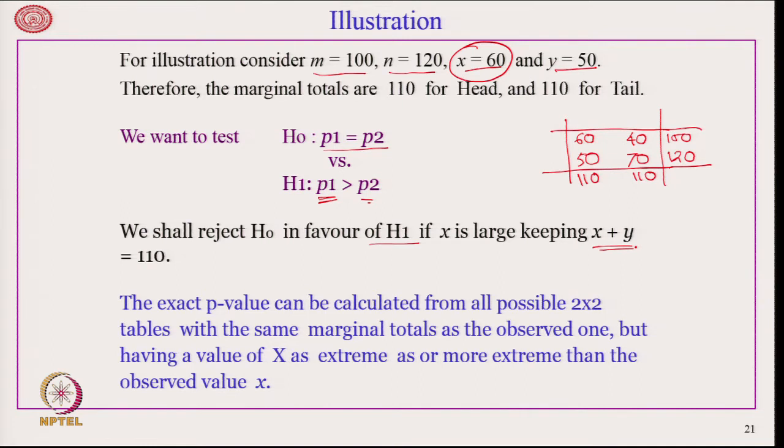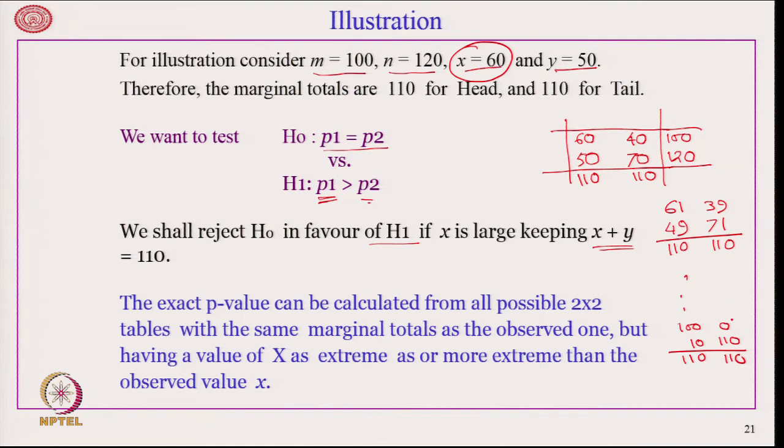For example, one possible table could have been 61, 39, 49 and 71, then that would have given us again 110 and 110. Like that we could go, perhaps the maximum that we could do is 100, 0, 10 and 110, and then we also get 110, 110.